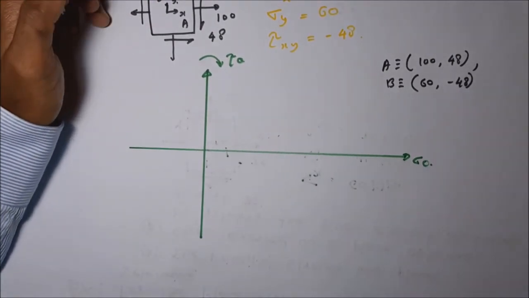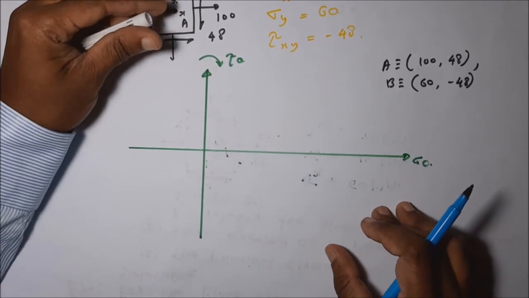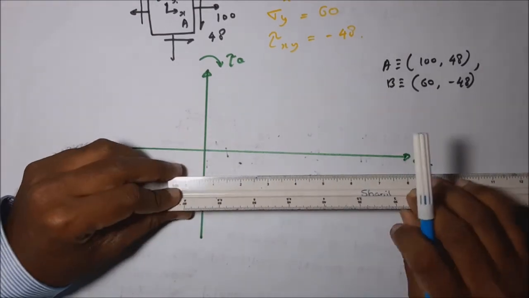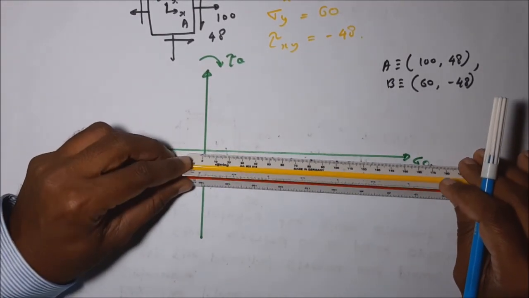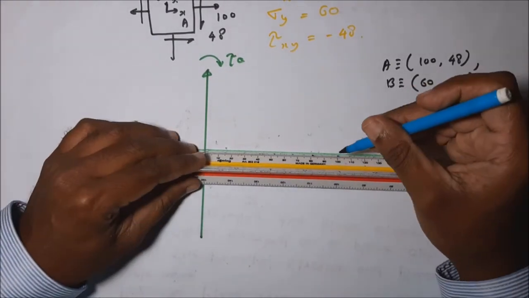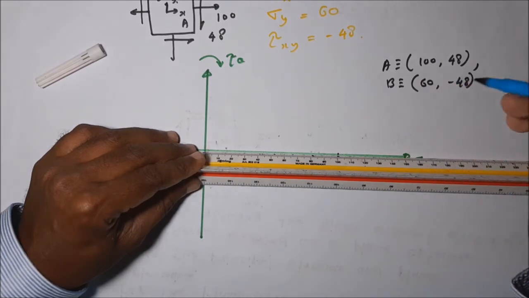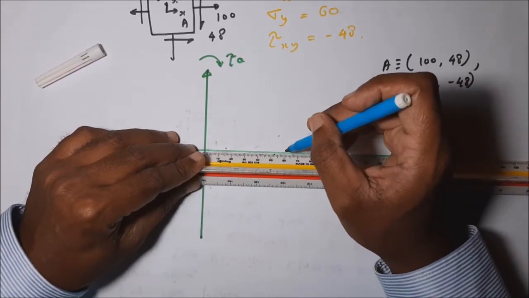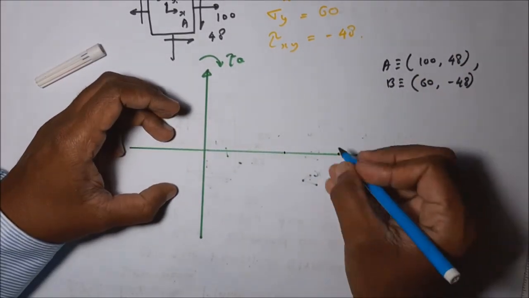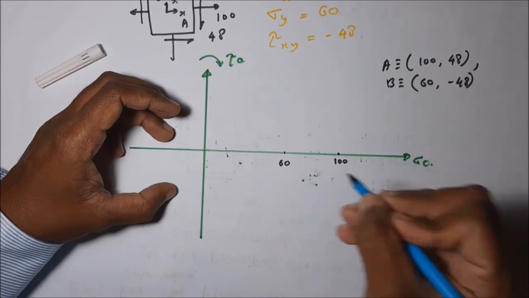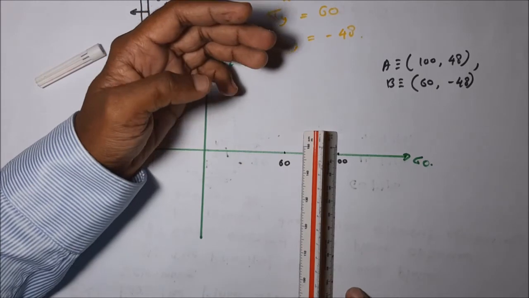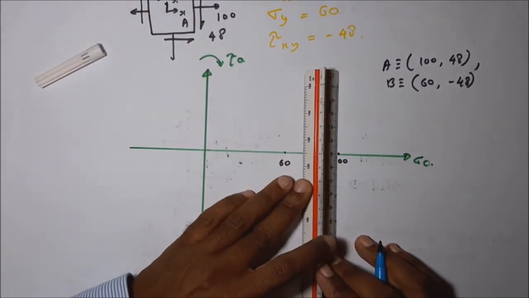Okay, then we can locate these two points on the Mohr plane. A is equal to 100. Here 100 and the 60, so this is 100, this is 60. Then for the A point, plus 48.